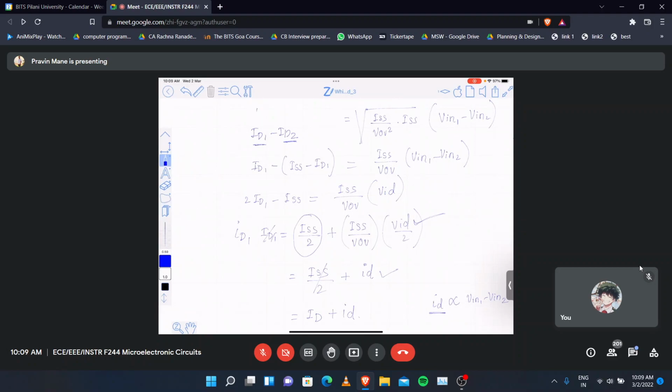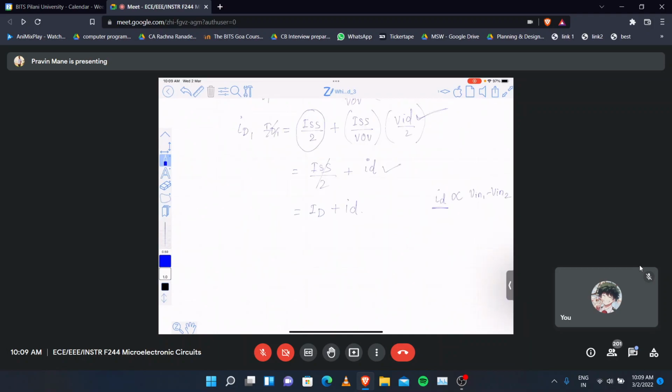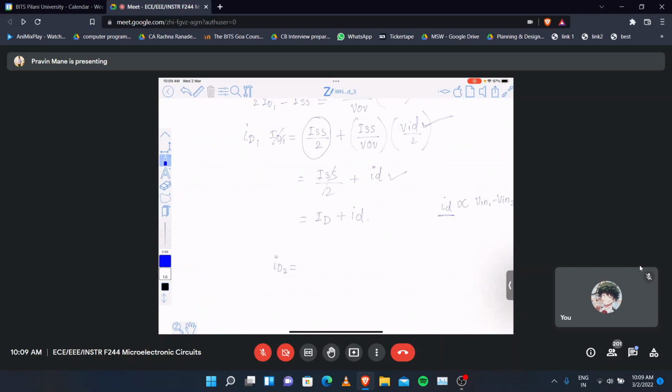If I do it the reverse way, if I replace ID1 by ISS minus ID2, what relationship will I get for ID2? ISS by 2 minus ID. ISS by 2 minus ISS divided by V overdrive into VID by 2.